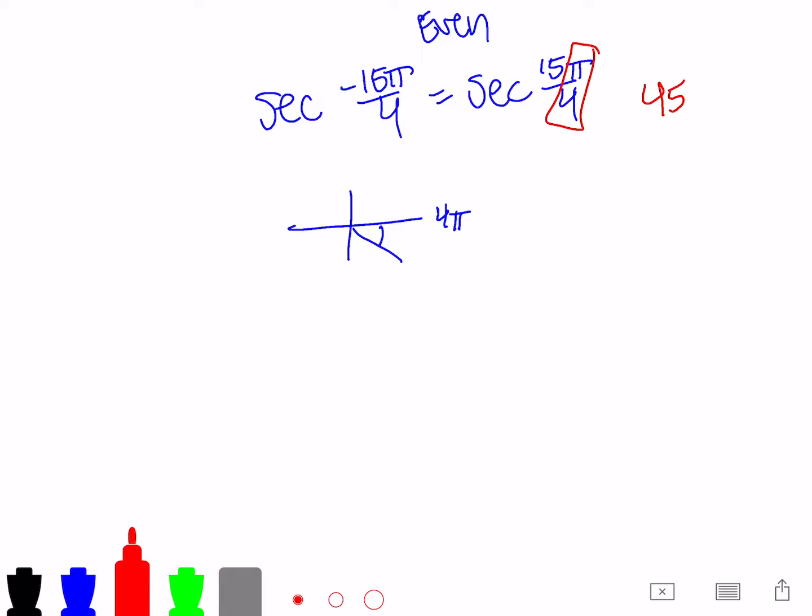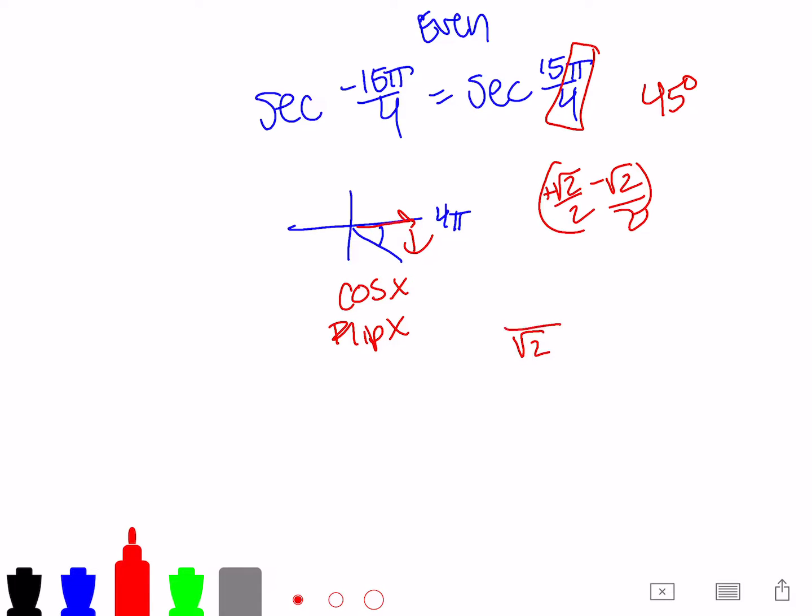Pi fourths goes with 45 degrees. 45 degrees is your middle finger, and it goes down. So we get root 2 over 2, root 2 over 2 as the point. We've gone right and down, so we have positive, negative. We want the secant. The secant's the reciprocal of cosine, so we're thinking flip x, because cosine is x. So I'm taking root 2 over 2, and I need to rationalize, so times root 2 on top and bottom, so that gives us 2 root 2 over 2, but then the 2's can cancel, so we're left with just root 2.